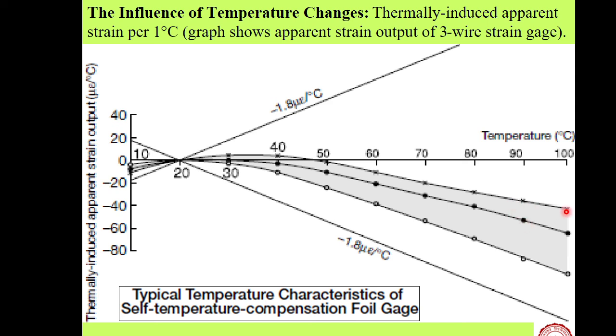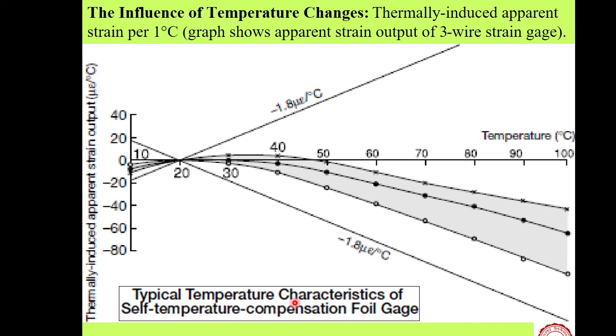So understand, these are the graphs. It is from 0 to 100 degrees centigrade, how the gauge resistance changes. These are plots of the induced strain, that means microstrain per degree centigrade. So if there is only thermal effect, then the strain gauge will indicate some microstrain due to this thermal field.